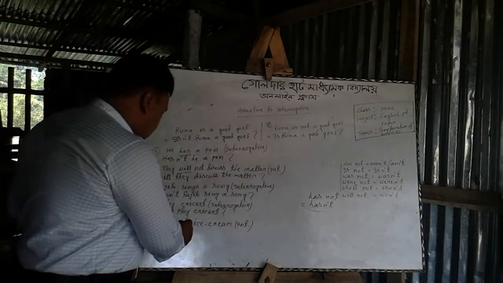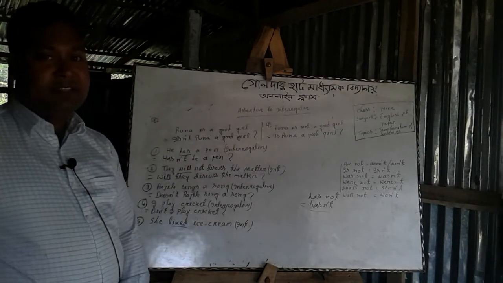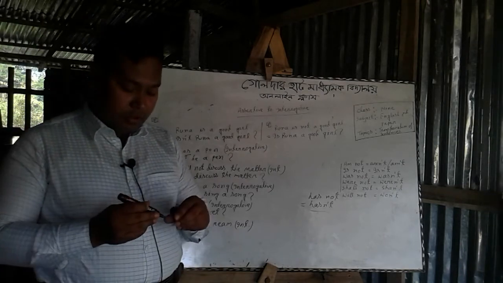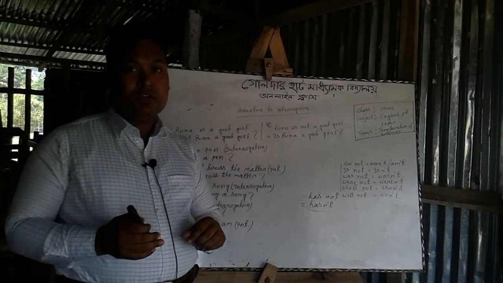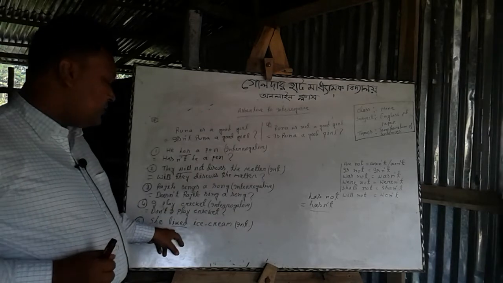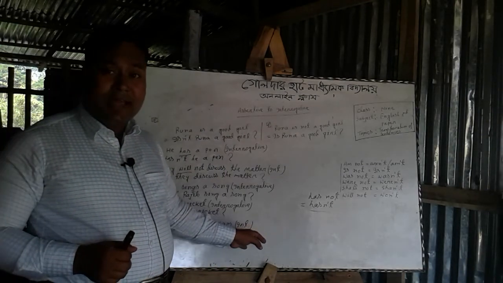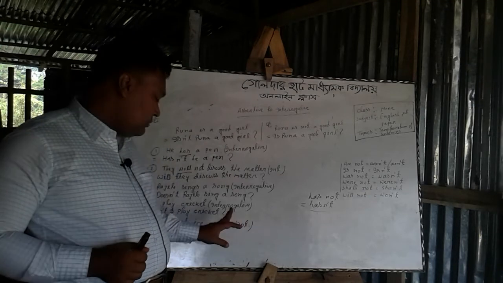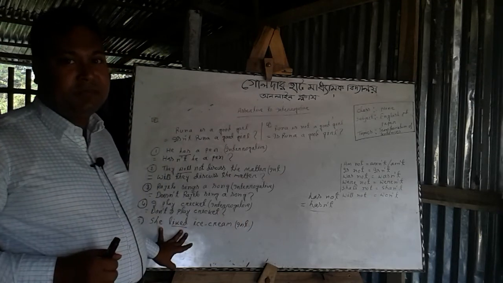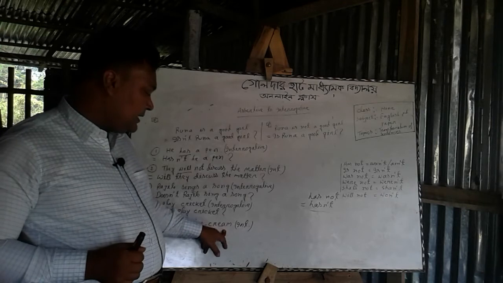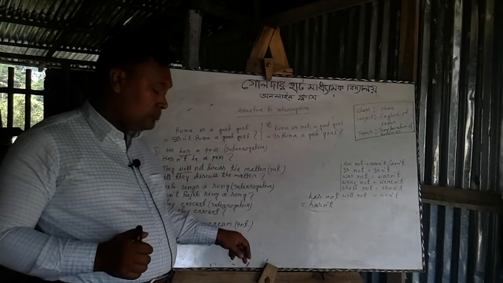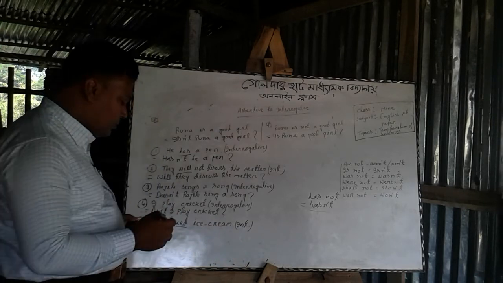Here liked is the past form of the main verb. So it is past tense and we should write didn't before the subject of the sentence to transform it into interrogative.